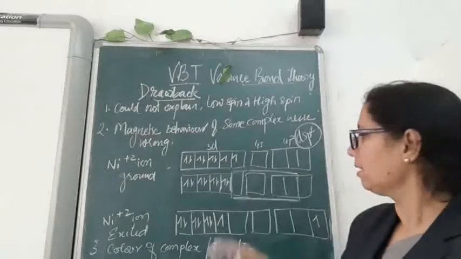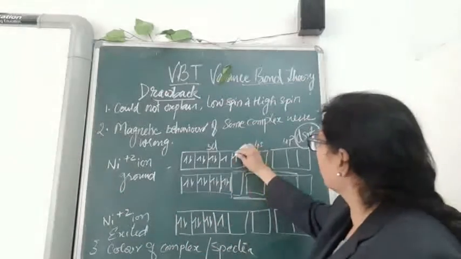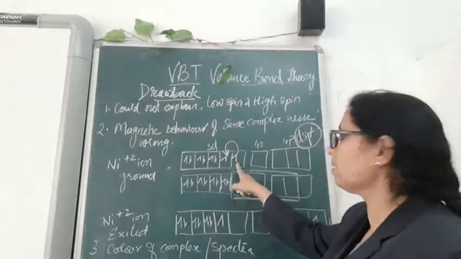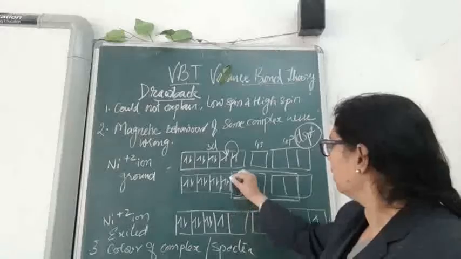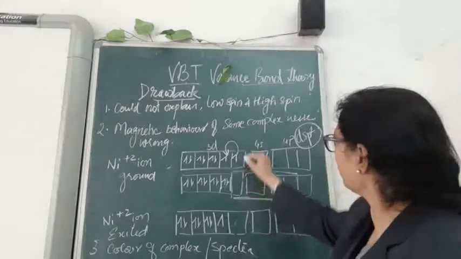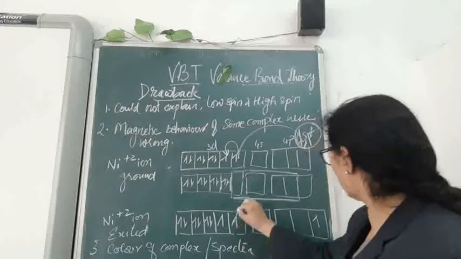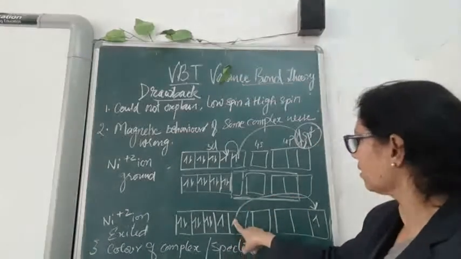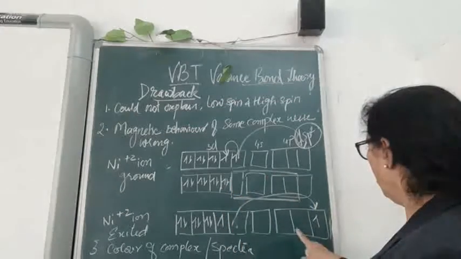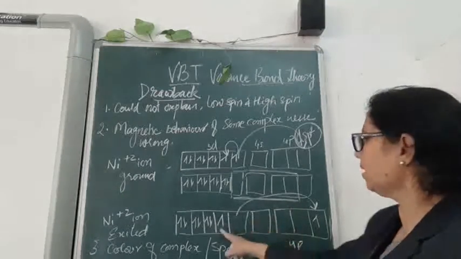Later on it was said that instead of this electron going and pairing with one more orbital and giving the vacant place here, this electron jumped from this place to another place. You can see from here, this electron was moved from the 3d orbital to the 4p orbital, thereby creating 2 unpaired electrons.